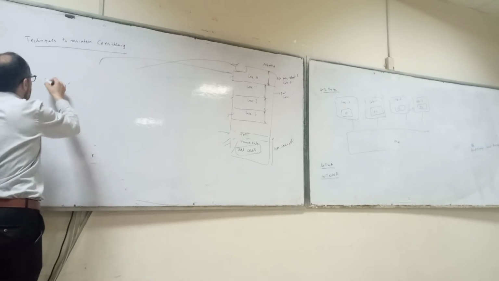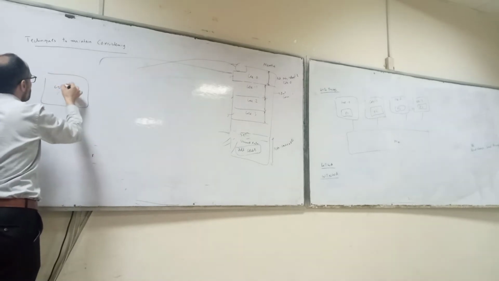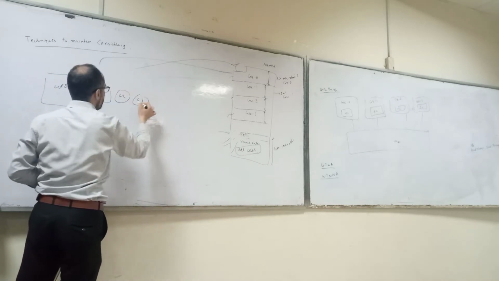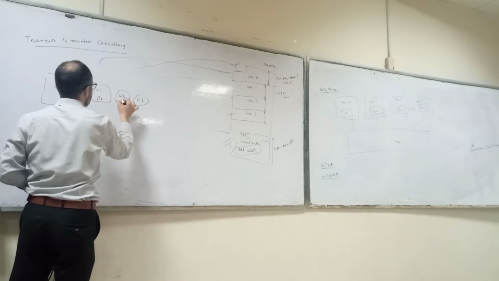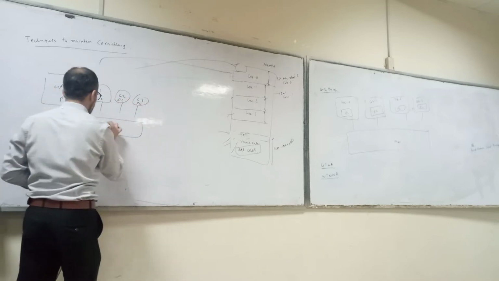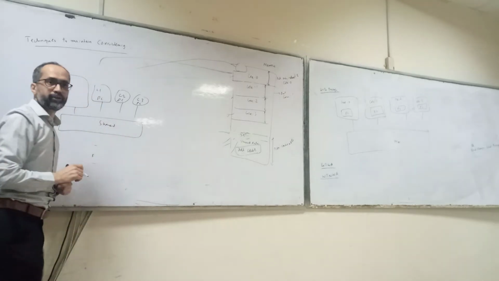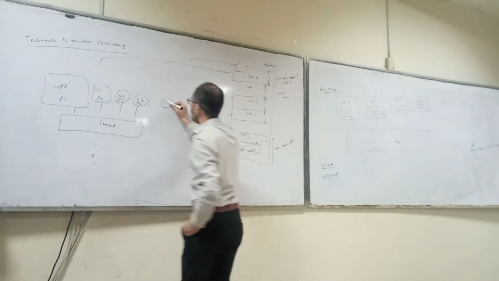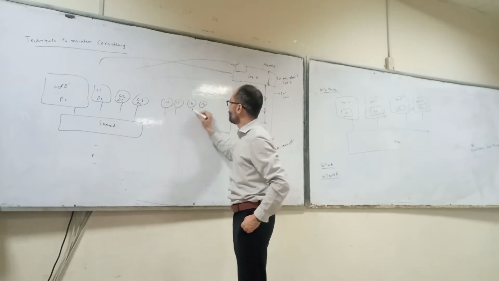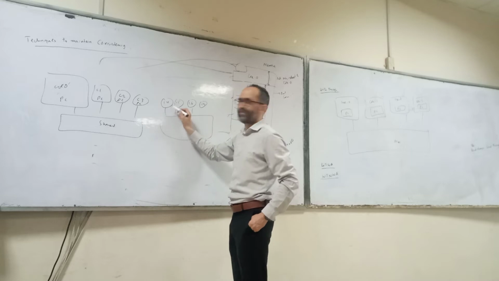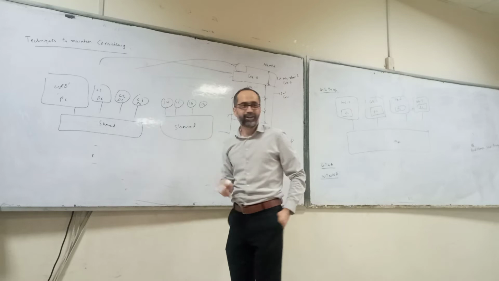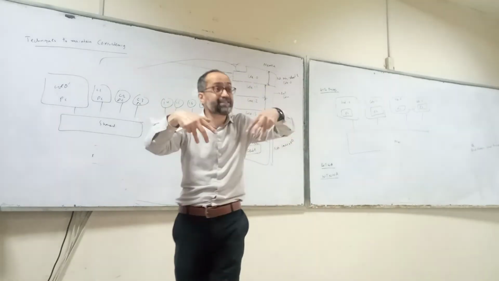Now you have core 0, core 1, core 2 and core 3. They have private cache, private cache, private cache, private cache, and then a shared cache. Then you have core 4, core 5, core 6, core 7, with private caches and then a shared cache. So you can have different levels of cache hierarchy.